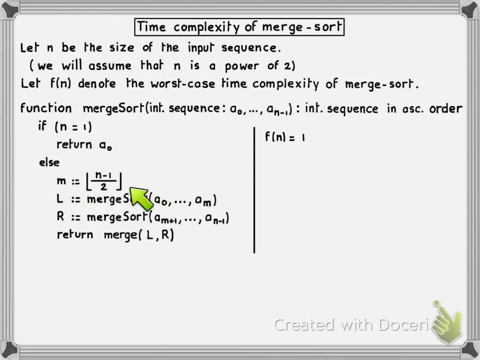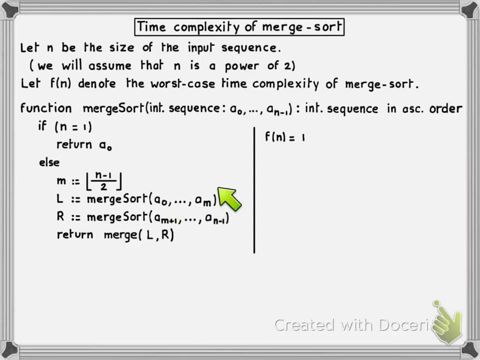Now, the question is, how much work is performed by this line in the algorithm? Well, this line is essentially a recursive call to the same algorithm, whose runtime is given by the function f. So, the worst case time complexity of this line is going to be f of what? Well, it's going to be f of whatever length of the sequence is passed into merge sort. And that sequence is exactly of length n over 2.